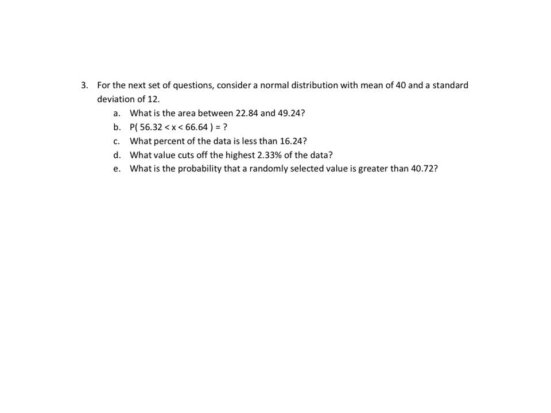So here, we're given a specific distribution, which is 40, 12. Now with the area between 49.24 and 22.84, I'll set this up as though this was an Excel problem. And all I want is NORM.DIST, not NORM.S.DIST, because, well, I have an actual value here. Get the biggest one first.